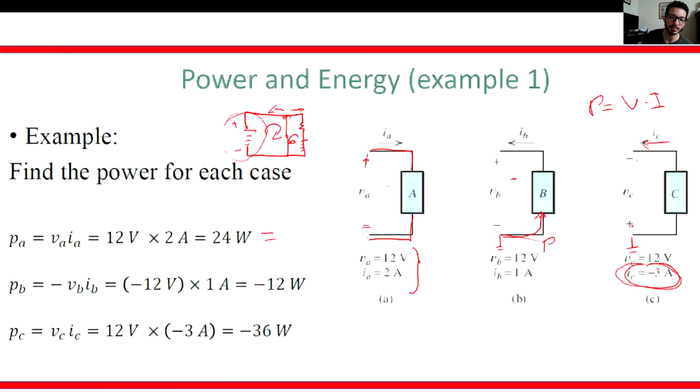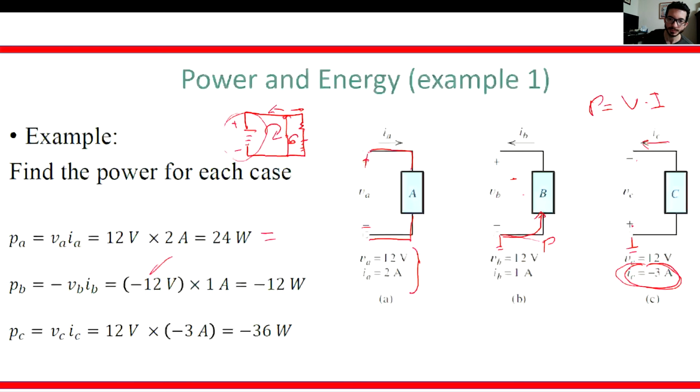In this example, the book decided to have the convention where from positive to negative is a positive current and a positive voltage. So if you go from negative to positive, you're going to have a negative voltage.